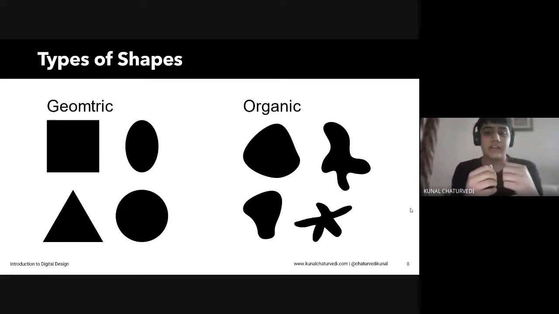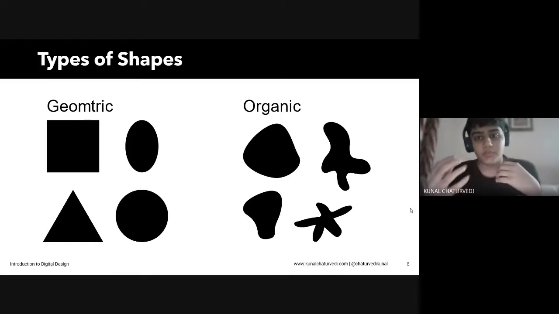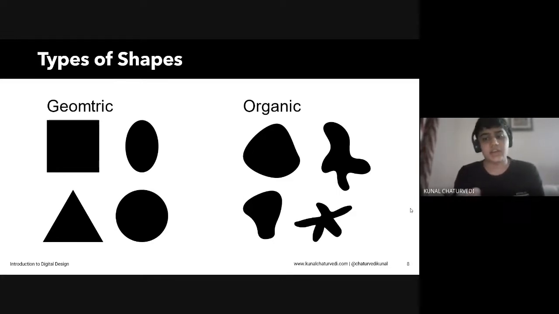In the second category come organic shapes, which you will see occurring more in nature. Let's say the shape of a pebble, the first one on the top left in the organic section, looks somewhat like a pebble, although you have to imagine it a little bit. These shapes occur in nature and are not perfect in a geometric sense.